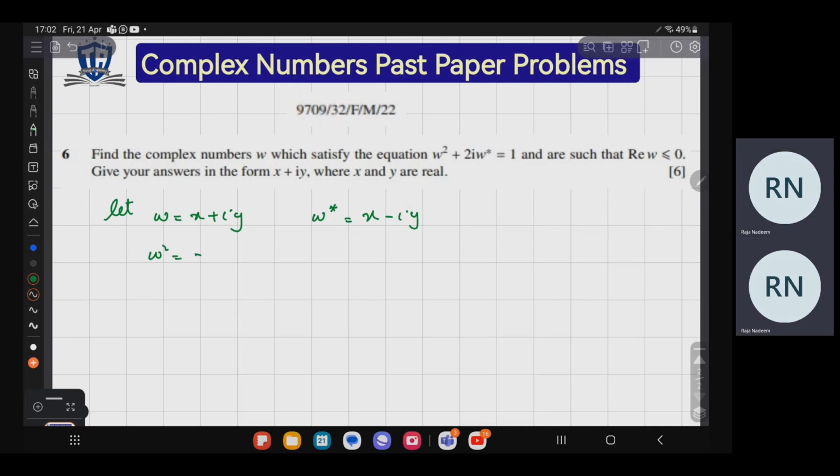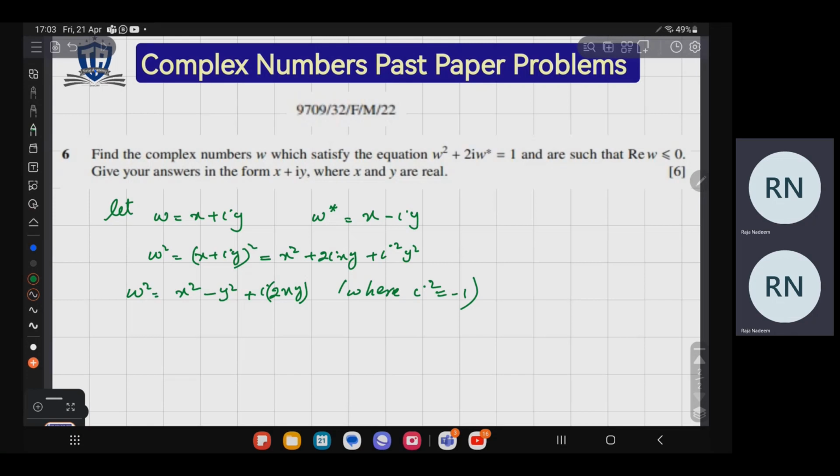Now, by taking the square, it is (x plus iy) whole squared, which is equal to x squared plus 2ixy plus i squared y squared. When you simplify this, you write x squared minus y squared plus i times 2xy, where i squared is equal to minus 1.